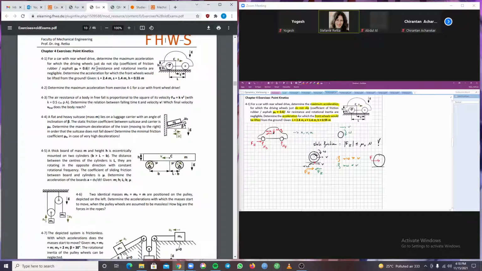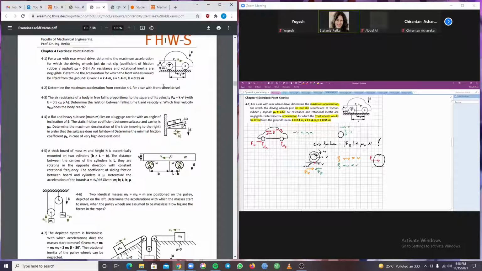First one is to find the maximum acceleration for the car when the back wheel just does not slip. So it's the limiting case, meaning that we still have static friction, maximum acceleration, to obtain static friction. And the second question, that we have to find the acceleration in the case that the front wheels are lifted from the ground.